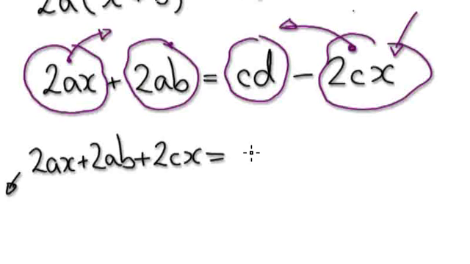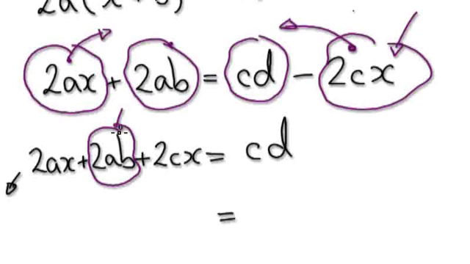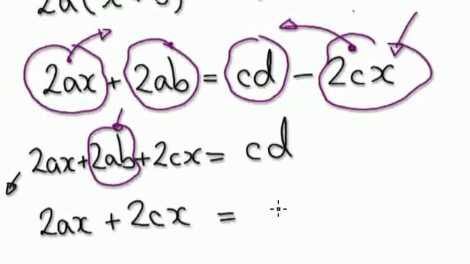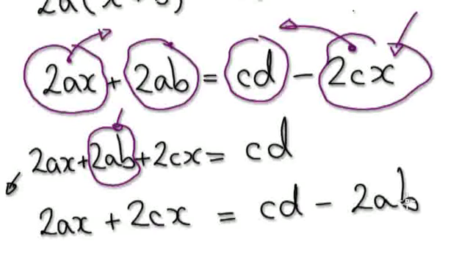So on this side it will be this. Now you can see that this bubble here doesn't contain x. So take away 2ab from both sides. So this would be 2ax plus 2cx equals cd minus 2ab.